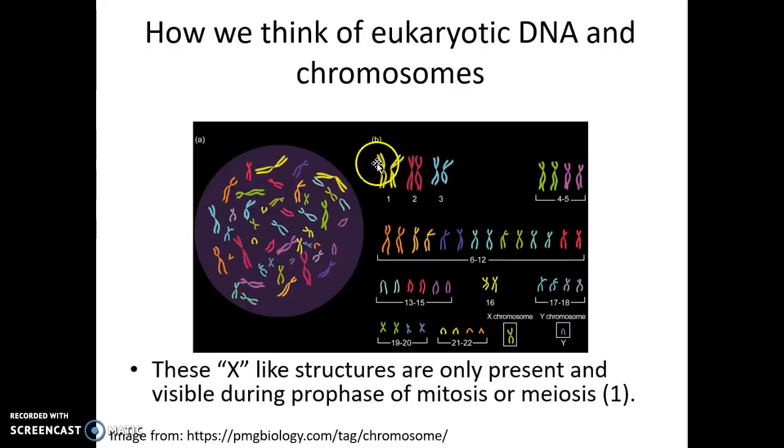So the largest chromosomes are chromosome 1 in the human genome. And down here we can see the XY pair. The presence of the Y chromosome typically imparts maleness, at least in humans, not necessarily in all eukaryotic genomes.